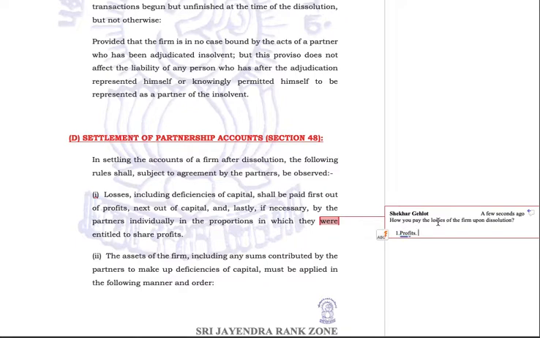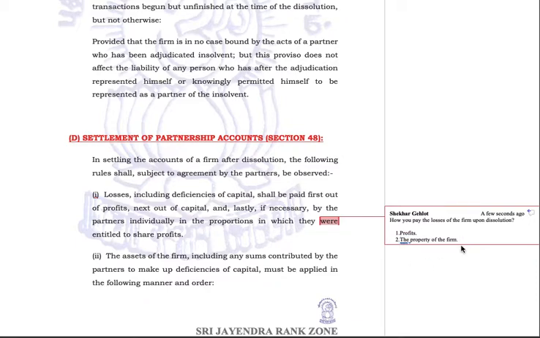But if your profits are not sufficient to cover the losses, then the property of the firm shall be utilized. That means every asset belonging to the firm will be sold in the market in order to pay the losses. Your profits are gone, and whatever is left has to be paid by selling the property of the firm.